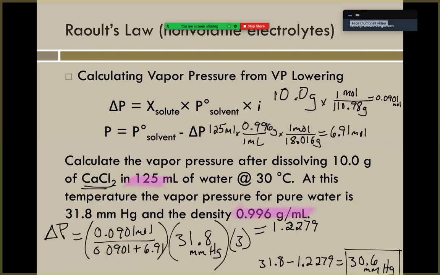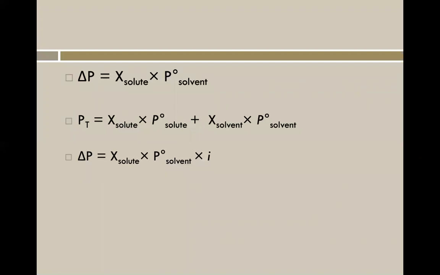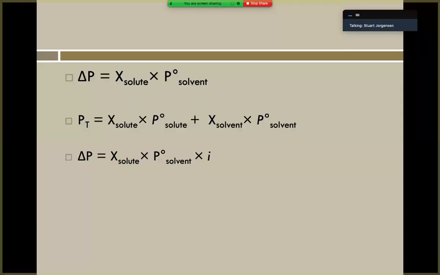So now as we start to think about what this means for us, when we come across these types of problems, we need to be able to identify which of our formulas we're going to use. Again, the good news is these two are kind of the same.